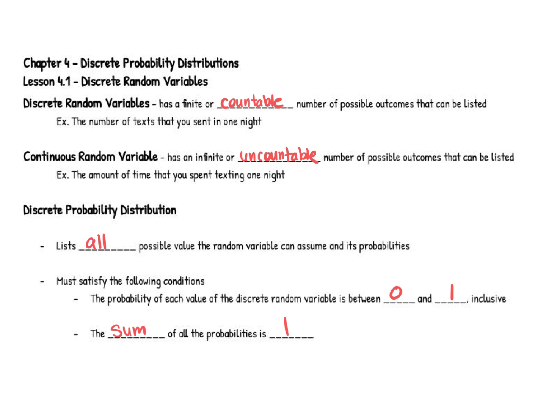Continuous random variables have an infinite or uncountable number of possible outcomes that can't be listed. That could be like the amount of time that you spent texting. It could be 1 minute, 2 minutes, 3 minutes, 3.5 minutes, 3 1/4 of a minute, 3 1/6 of a minute, 5 minutes, 1 hour and 36 minutes and 27 seconds. There's all these possibilities.